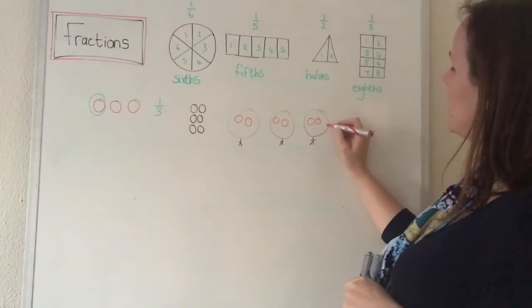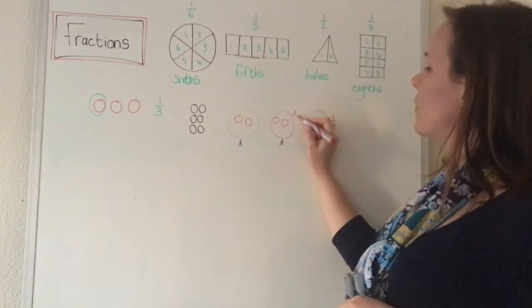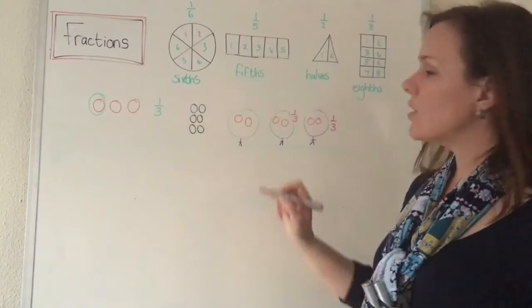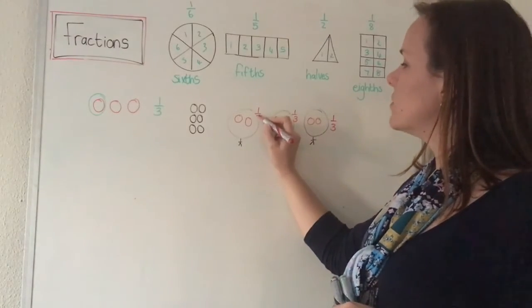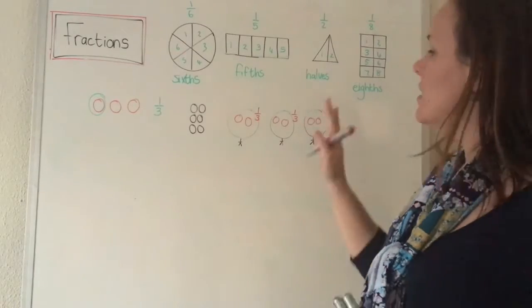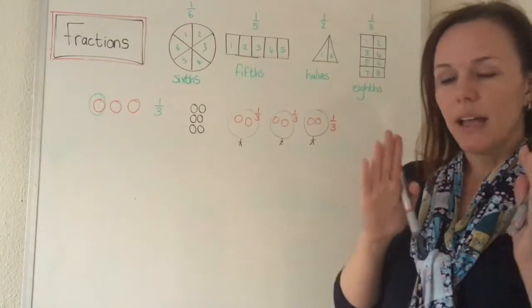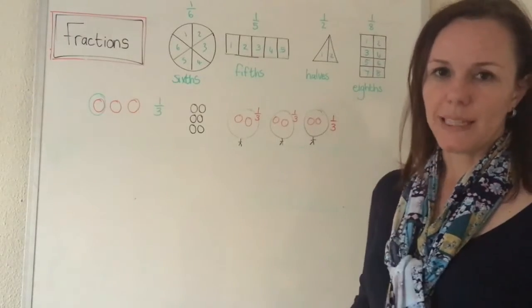One friend received 1/3 of the sweets, another friend received another third, and the last friend received a third of the sweets also. They are divided equally, so they each receive 1/3, an equal part of the sweets.